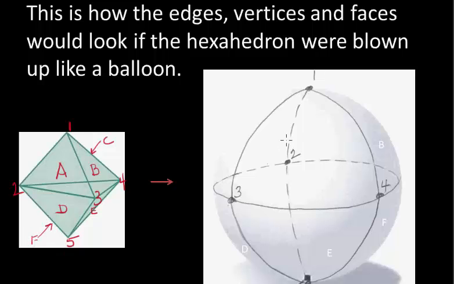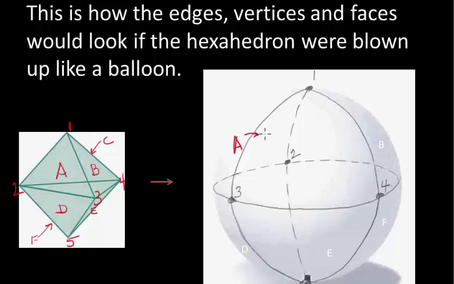So I do that so that we can go over here and see the corresponding regions on the sphere. Let's see, the edges of A go 1, 2, 3. So this is A back here. This one in the front is 1, 3, 4.